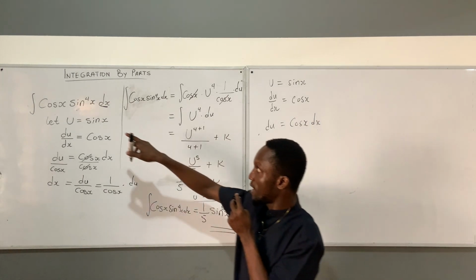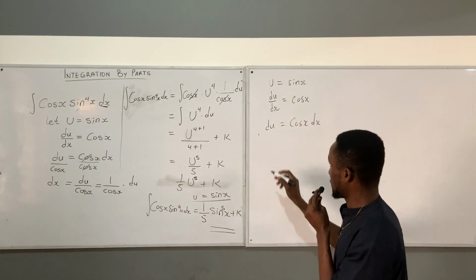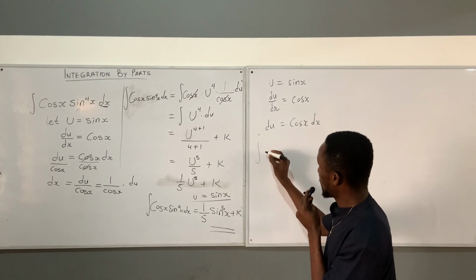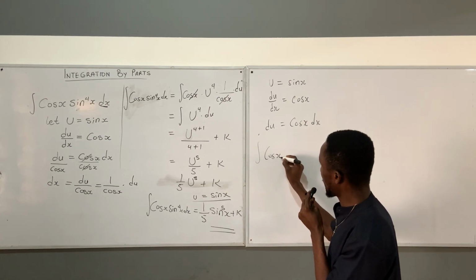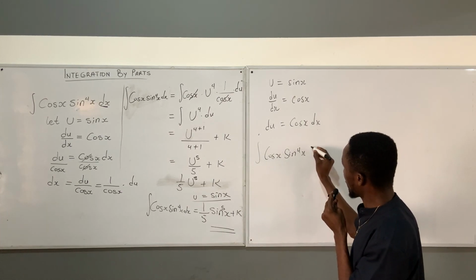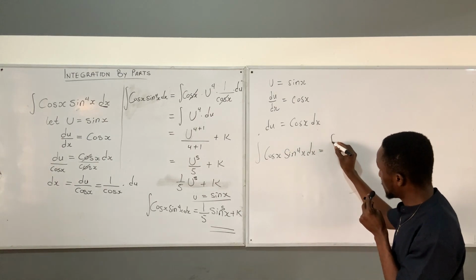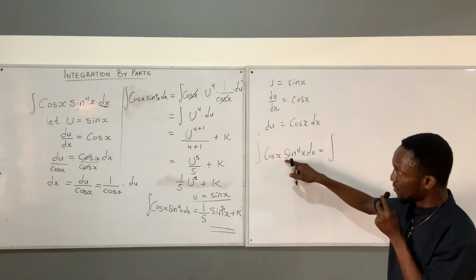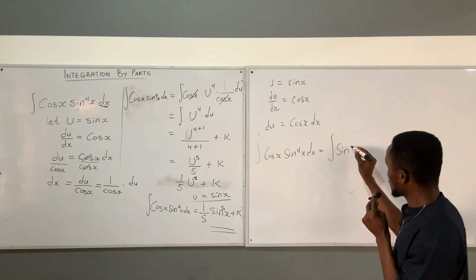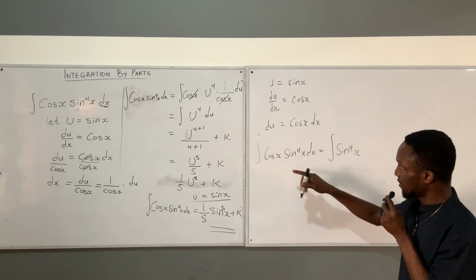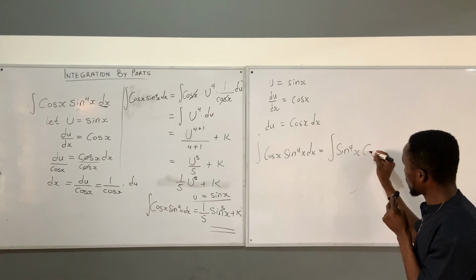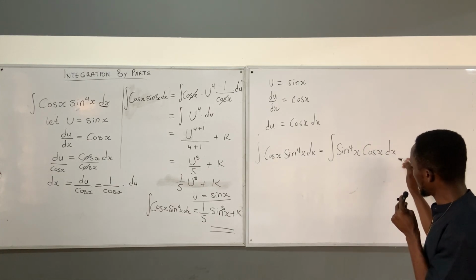Now let's rewrite this function. When I rewrite the function, I have the integral of cos x sine to the power 4 of x dx. Now watch carefully. This is the same as the integral, and I'll write the sine function first, sine to the power 4 of x, then I'll write this side, cos x dx.